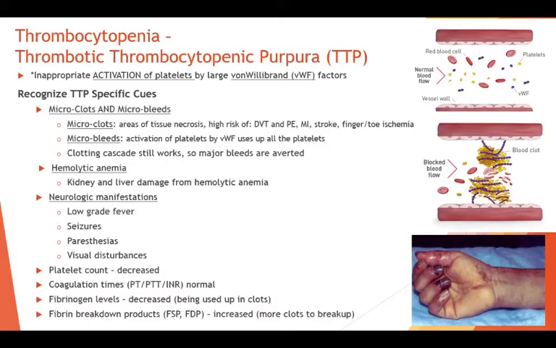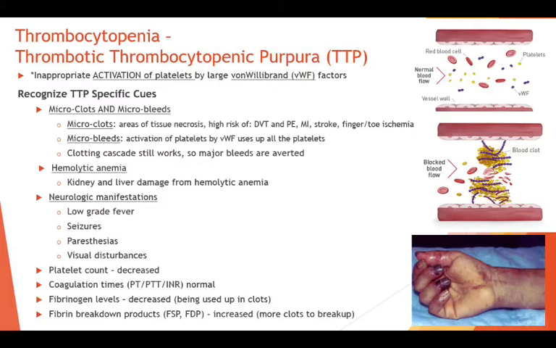There is a protein that breaks down this factor into smaller pieces that we do use. When the protein doesn't get broken down, it makes these long chains that are sticky to platelets, and the platelets get all activated by these von Willebrand factors.